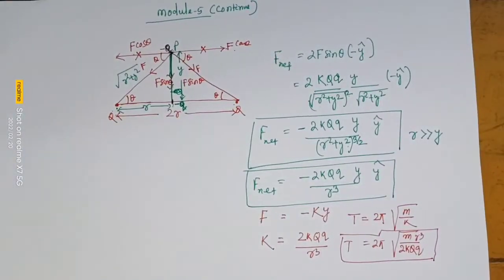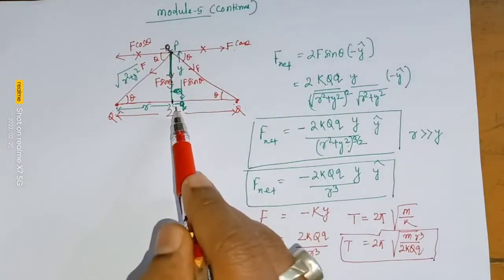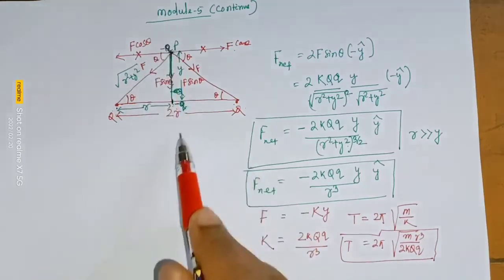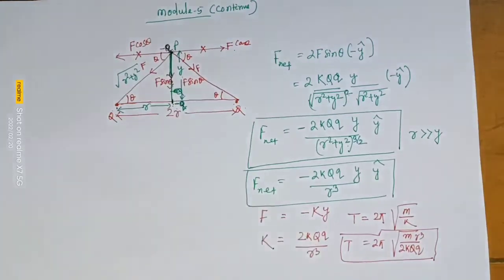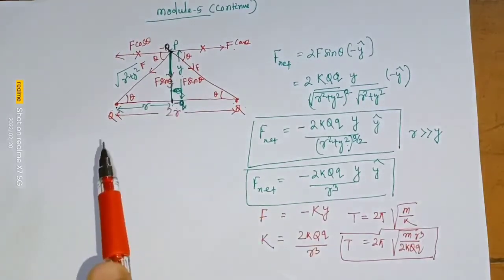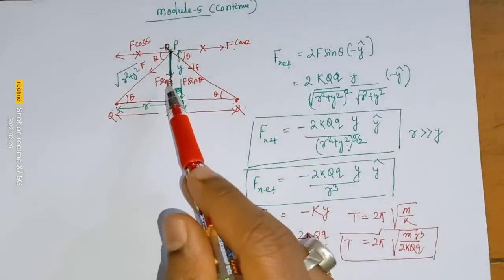Let me analyze one more time. Two charges have been placed here, and a negative charge exactly at the equilibrium point displaces vertically by a small displacement y. The question will ask you to find the time period of the SHM. The student must think, is SHM happening? Yes.